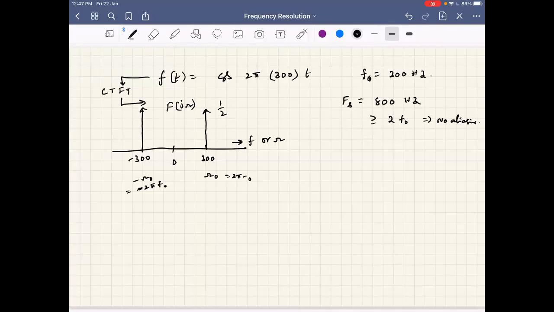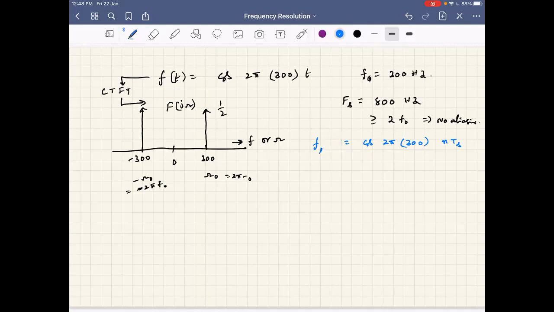Now let us write, if I do sampling, what will happen? I will get the sampled signal fs of t. How does the sampled signal look like? Cos 2 pi 300 into nTs, and what we get is fs of n.